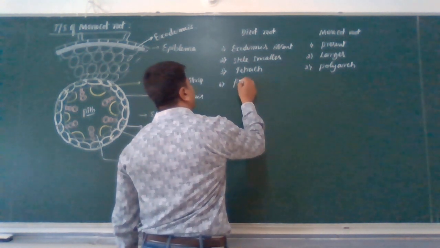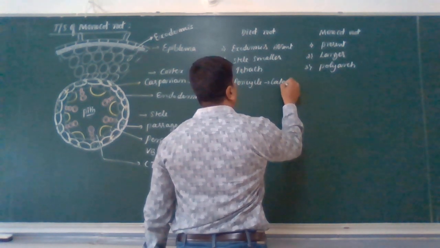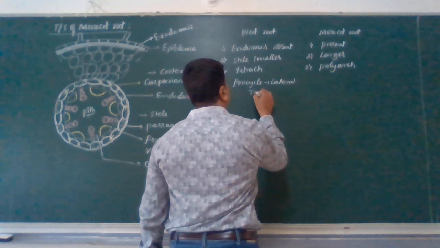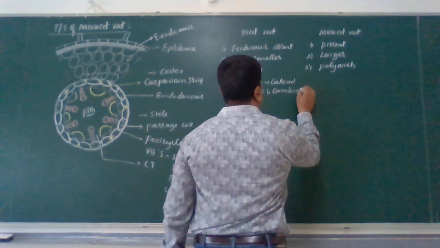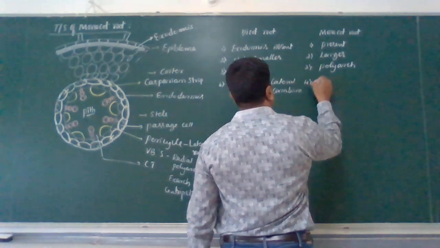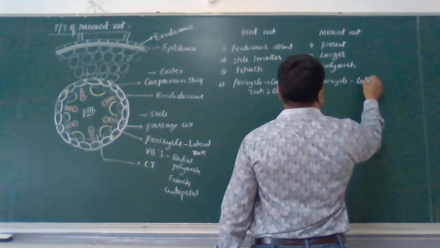Then pericycle: in dicot root, pericycle gives lateral roots and forms cambium. Here in monocot, pericycle gives only lateral roots.